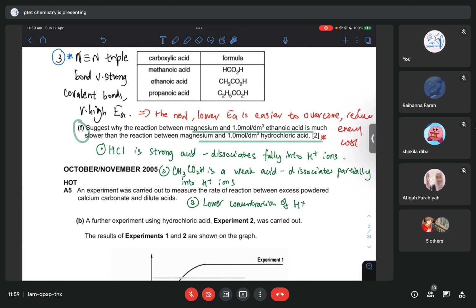We are talking about the concentration of the H plus. So focus on the concentration of the H plus. It's lower for the weak acids. So, less frequent collisions, or collide less frequently. And if that is true, then your rate of reaction will be slower or lower for the weak acid and faster for the strong acid. Okay, so hopefully that makes sense there.